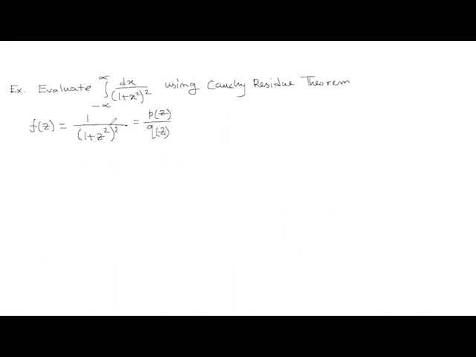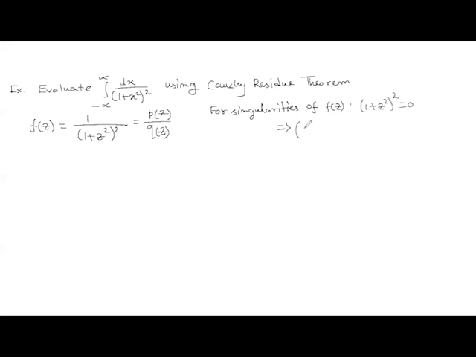Here p(z) is the constant 1 and q(z) is a polynomial of degree 4. To find the singularities of f(z), we equate the denominator to 0: (1 plus z squared) whole squared equals 0.